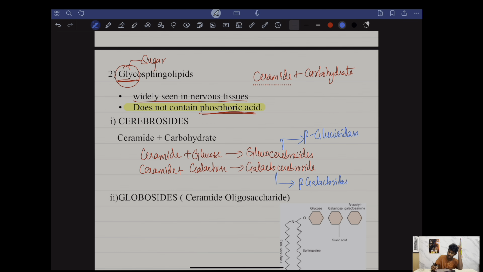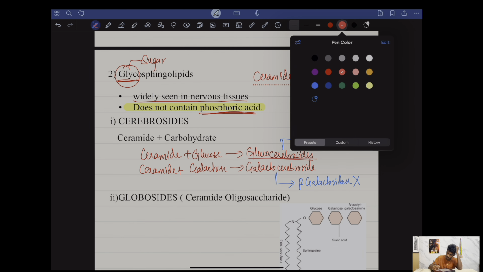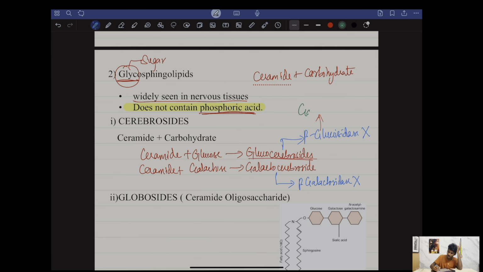Is it clear? If this enzyme is absent, what will happen? Can I say there can be a disease called Gaucher's disease? Yes, if beta glucosidase is absent, then due to glucocerebroside accumulation there will be a disease called Gaucher's disease.